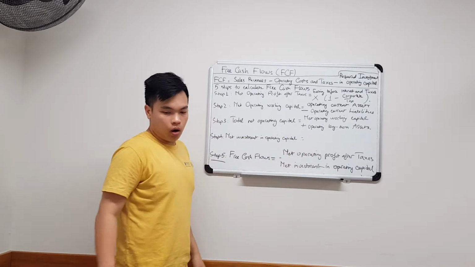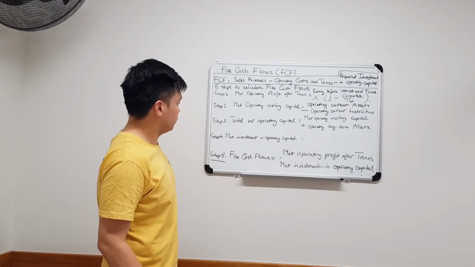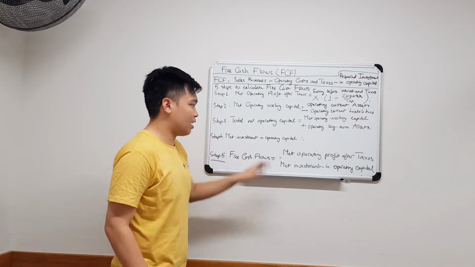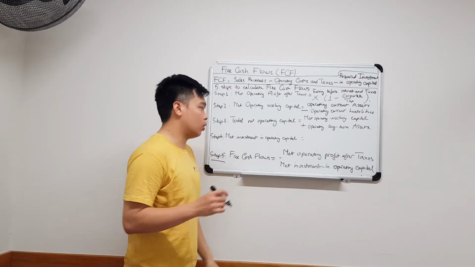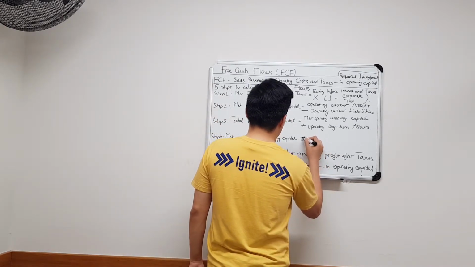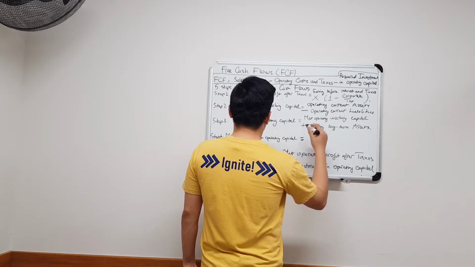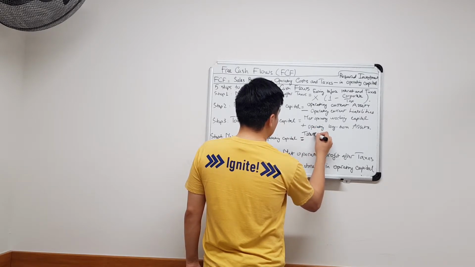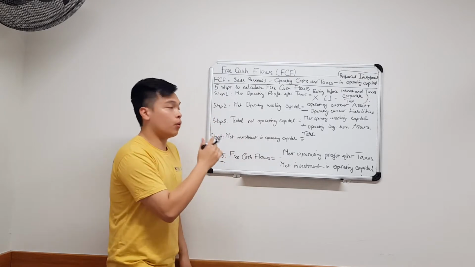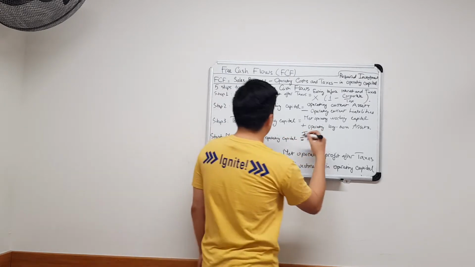In step 4, we need to find our net investment in operating capital. We have already calculated total net operating capital.